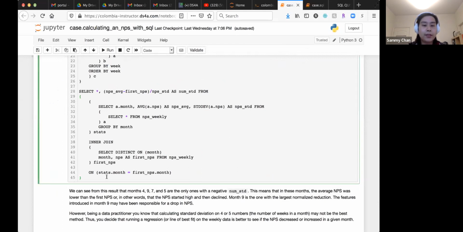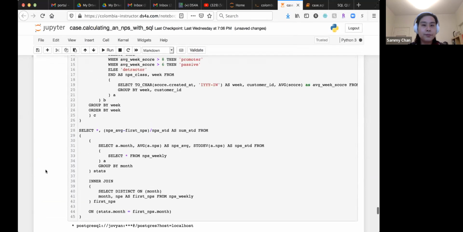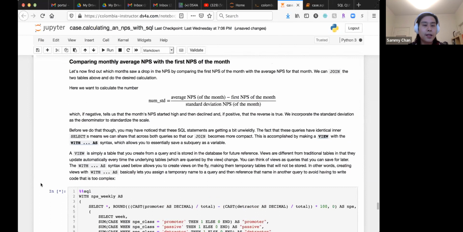So let's run this query as well. Comparing, here we are doing some more calculations. We wanted to take the average NPS of the month, compare it to the first NPS of the month, and divide by the standard deviation.